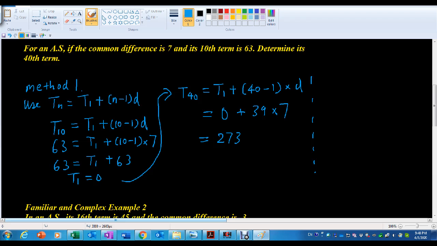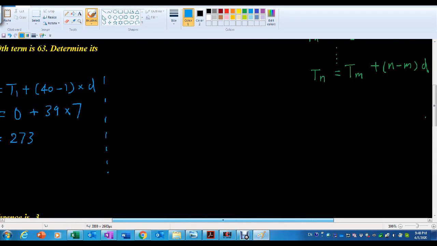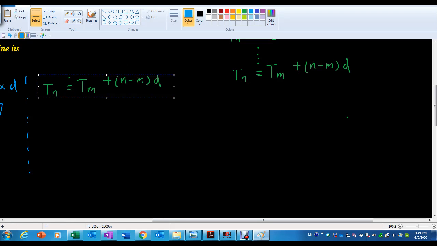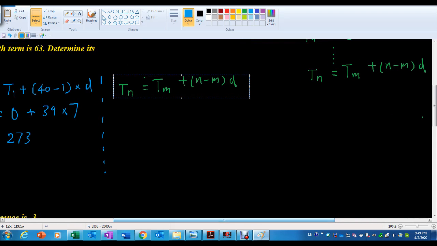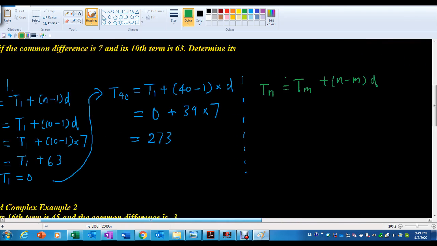How about we try to use the generalized explicit rule. We're going to use this rule and put it here. If we use this rule, the focus should be on n and m. Which term are you going to start from?